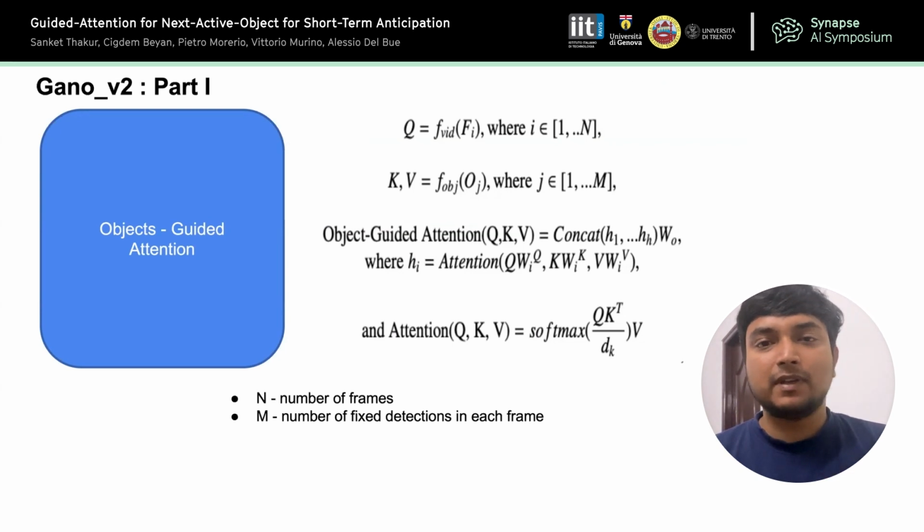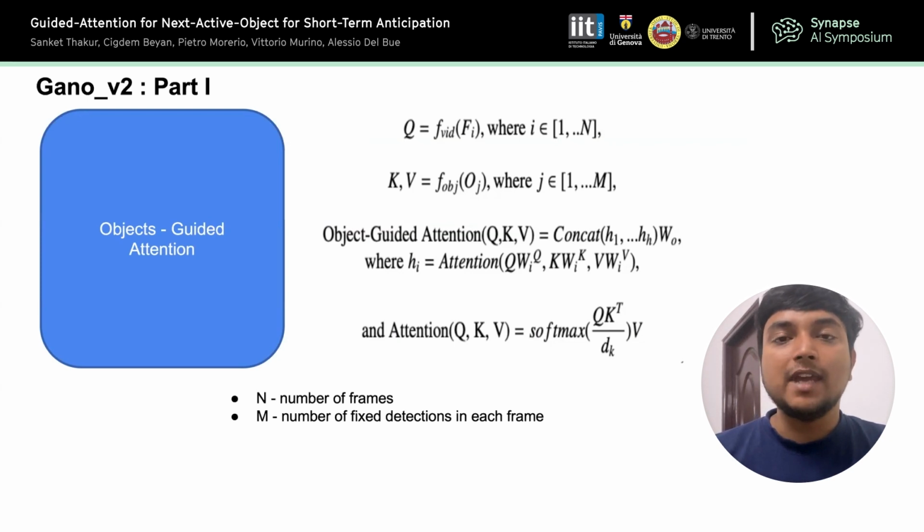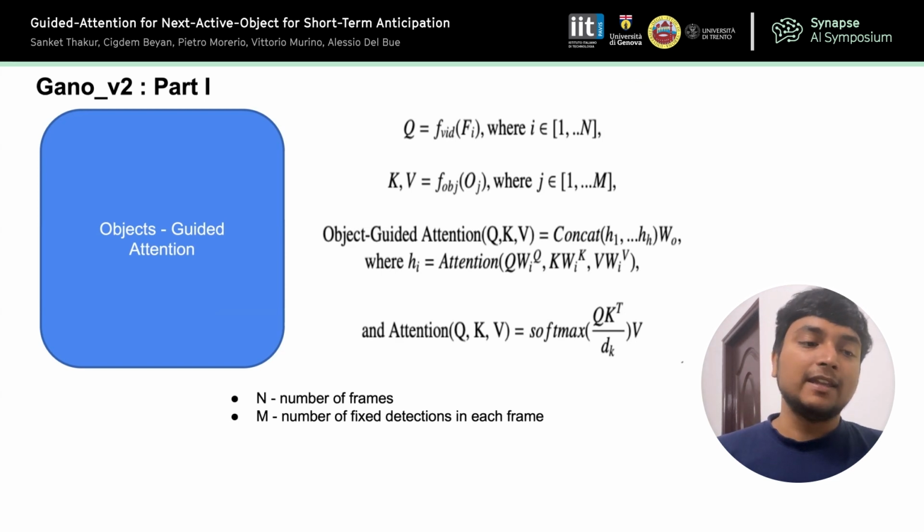For a specific frame, if fewer detections are identified, we append additional dummy detections to make the count m, because m is our fixed number of detections. We add dummy object detections of size 0 to make it a complete length, and then we use multi-head guided attention.